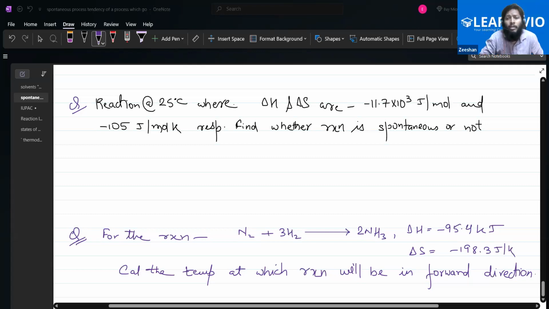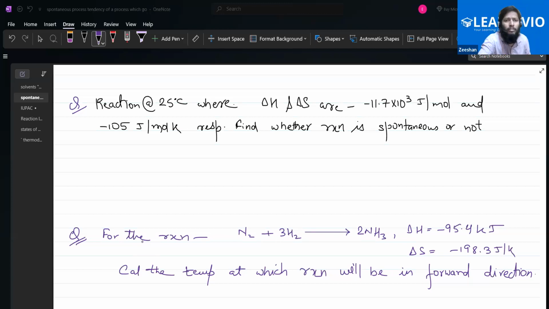So tell me what delta G should be so that the reaction will be non-spontaneous. Greater than 0. Yeah, it should be greater than 0 or positive.